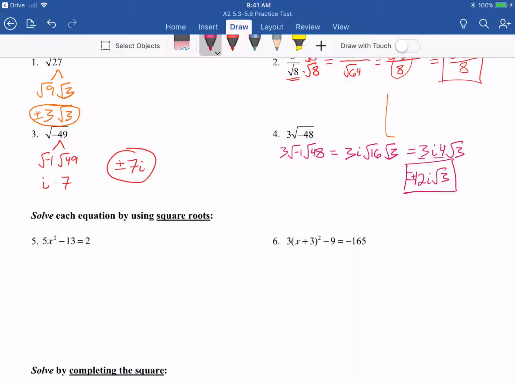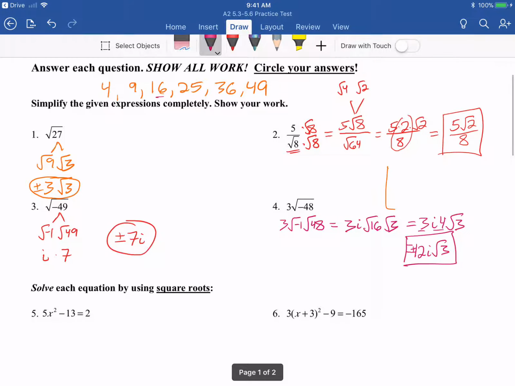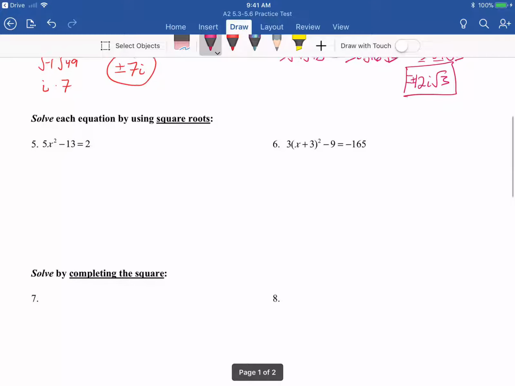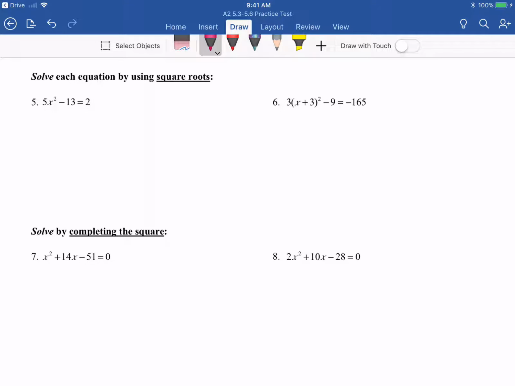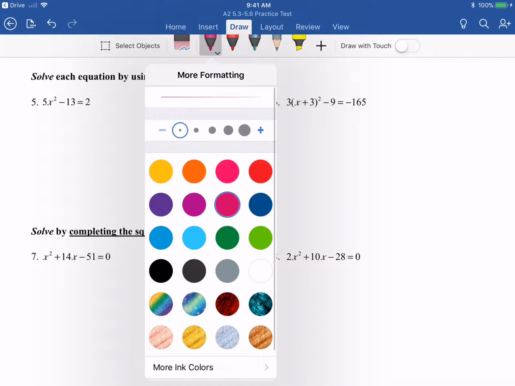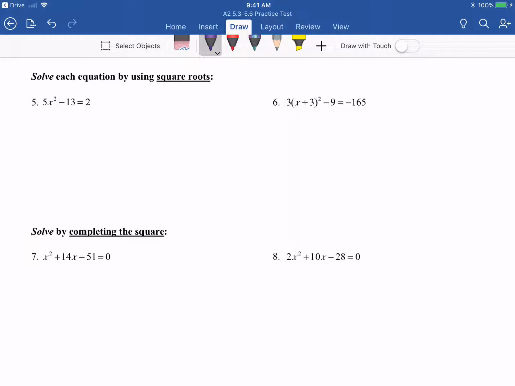All right, so simplifying those guys, take out those perfect squares. The next one, number 5, is asking us to solve by using square roots. As I go through and solve by taking square roots, you have to isolate this x squared term, so I have to get that all by itself. I add 13 first to both sides. Now I have 5x squared is equal to 15.